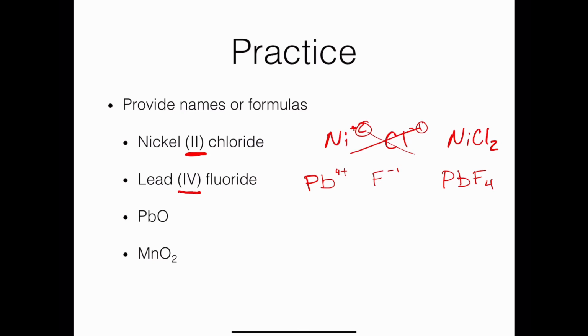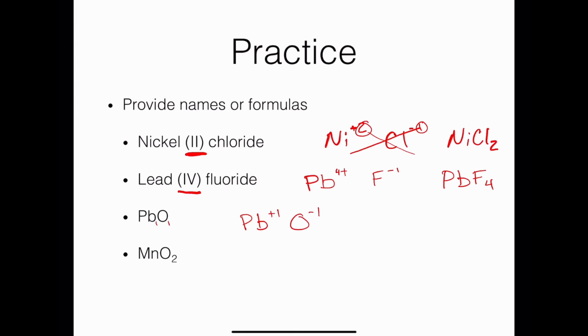For the next one, this is when the crisscross can be just a little bit tricky because if we start with something like PbO, we're assuming that these are ones. And if we're assuming that they're ones, then what we get is something like this. But the problem is that we know oxygen does not have a charge of -1. We know that oxygen has a charge of -2. So we would have to multiply the charges by 2 to reflect a charge of -2 for oxygen.